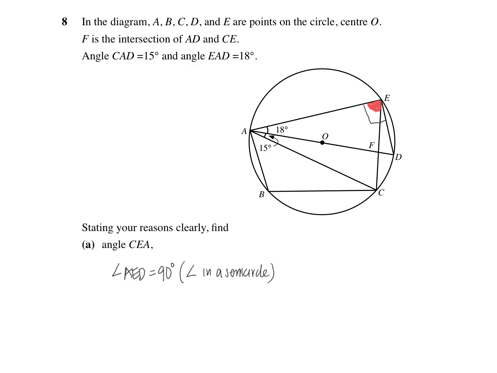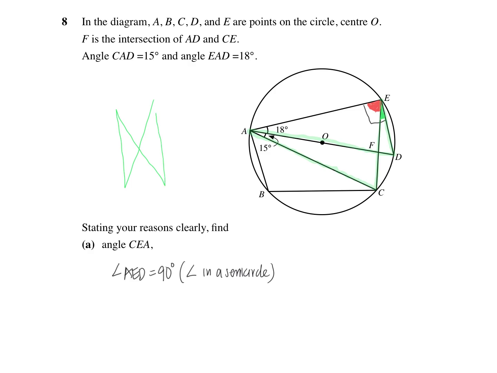Is there a way to find this? Do you see the butterfly here? So actually that green angle is 15. How do you know it's 15? Because angle in the same segment.